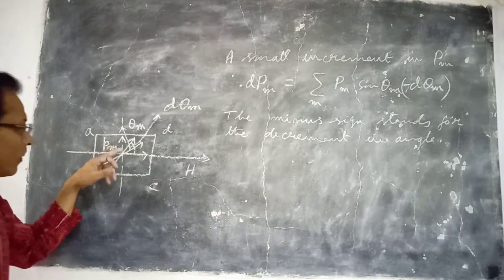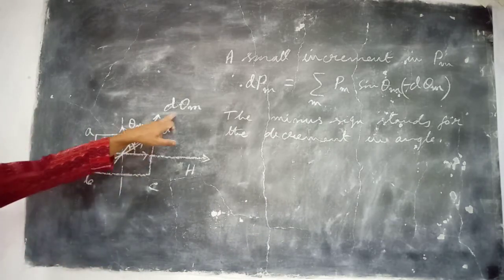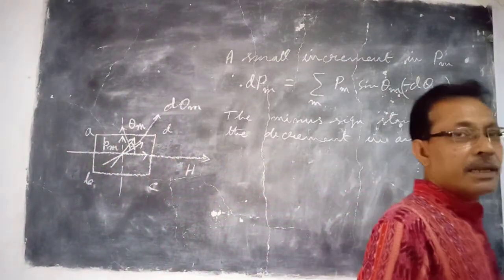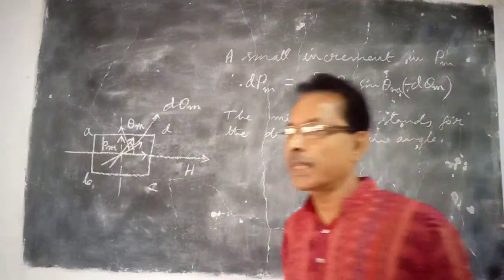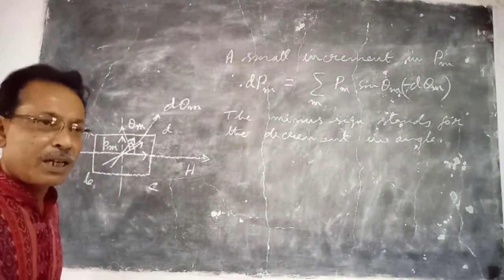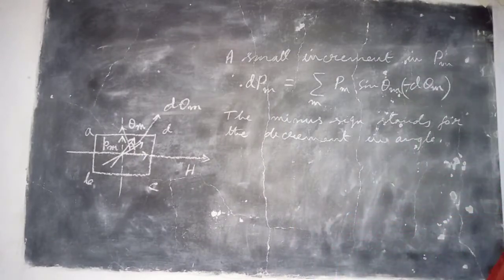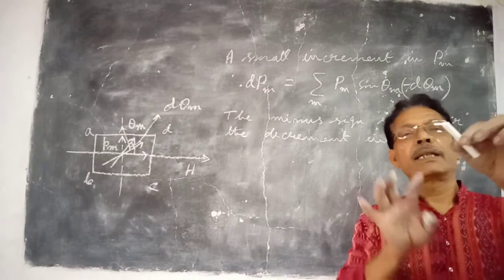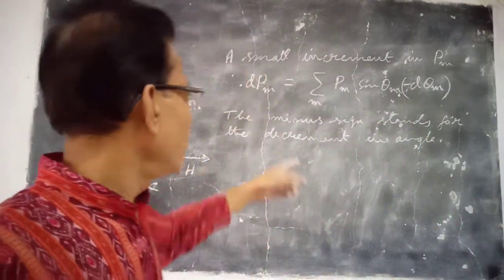Now, the molecular magnet was at this angle, and now it is rotating by d theta. Whenever a dipole is placed in an external field, whether it is an electric dipole in an external electric field or a magnetic dipole in an external magnetic field, a torque will act on it, that is, it tries to rotate. So a torque will act on this molecular magnet.